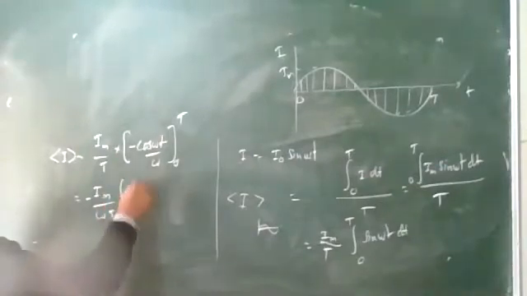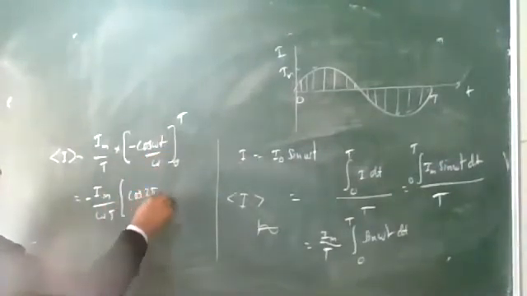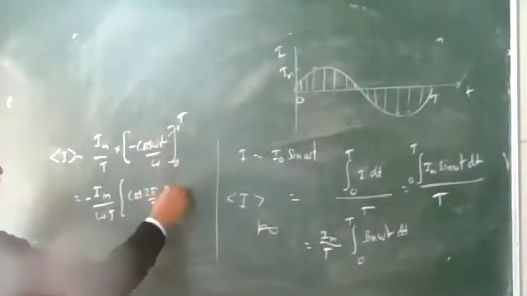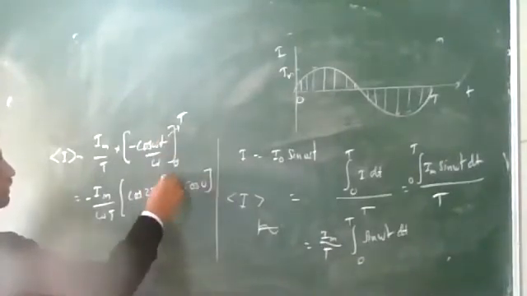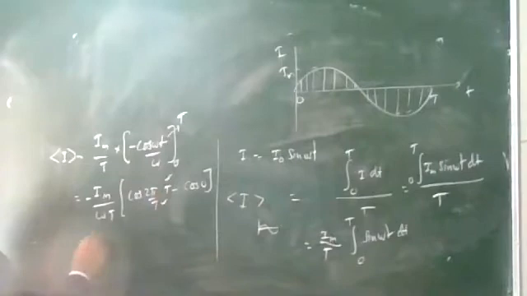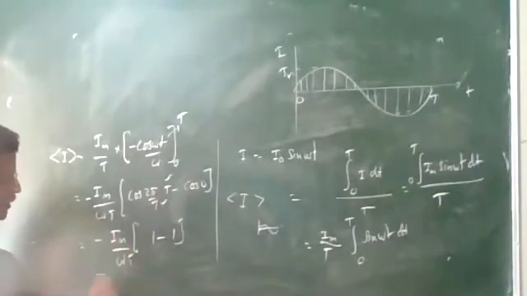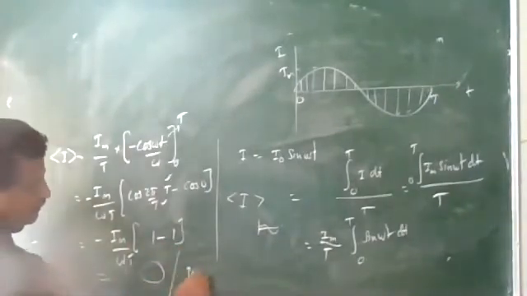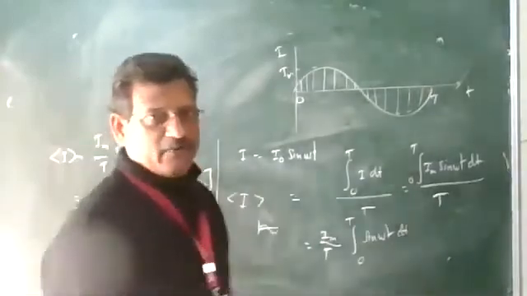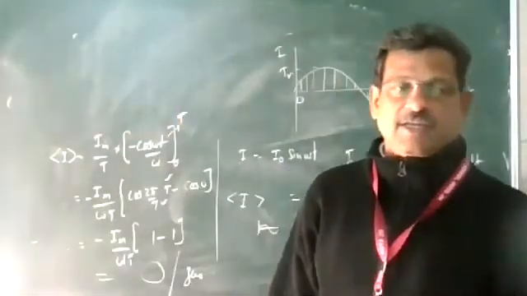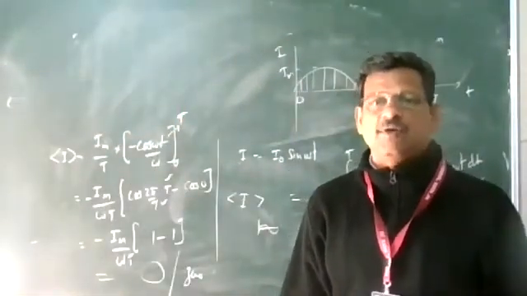Applying the limit, cos omega T, where omega is 2 pi by T, minus cos 0. So minus Im by omega T times cos 2 pi minus cos 0, that is 1 minus 1, which is equal to 0. That is, the average value of alternating current over a cycle is equal to 0.